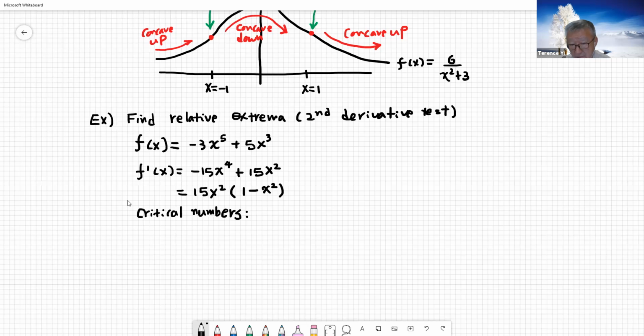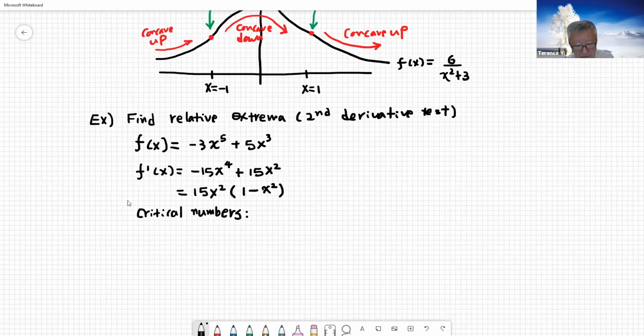In concavity tests, you need to find the points of inflection. But when you want to find the relative extrema, you have to find the critical numbers. In this case, f of x is a polynomial function, so we're not going to have any x value that's undefined. That's going to be fine.